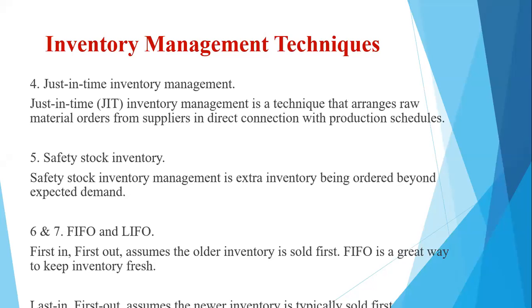Say, for example, you are keeping an inventory of item A. Whenever you are procuring the inventory, you are procuring it in batches, right? So the same item, raw material A, could be procured in the first batch at 4 rupees 80 paise per unit.